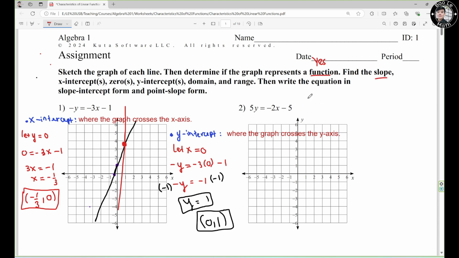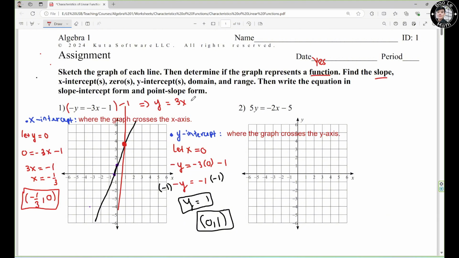Now next one, we need to find the slope. In order to find the slope, we need to convert this into slope-intercept form. I see that I need to solve for y, so I need to multiply both sides by negative 1. Negative 1 times negative y should be y, equal to negative 1 times negative 3, which is 3x.